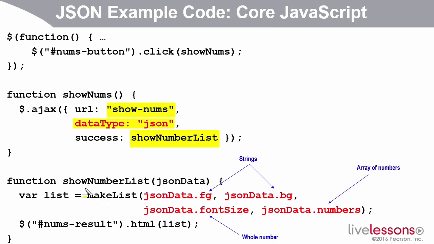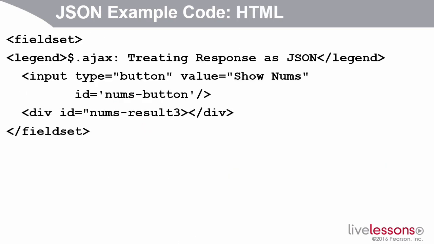And my handler function just calls makeList based on the information it got from the server. MakeList, as we just saw interactively, returns a string. So we take that result and we insert it into the page with HTML. Okay, and then we have a button to start off the process, and we have a region where the results are going to be inserted.